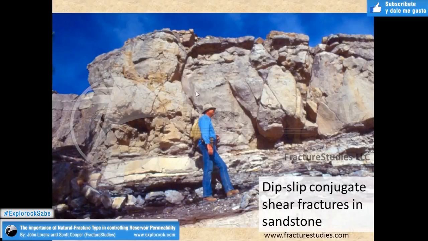And if we are to think about how fluids may flow across these fractures, we have a permeability anisotropy. Again, it's going to be mainly parallel to the strike of these, but we are getting some interconnectivity across the fractures here. So we're getting a much better interconnected fracture network.